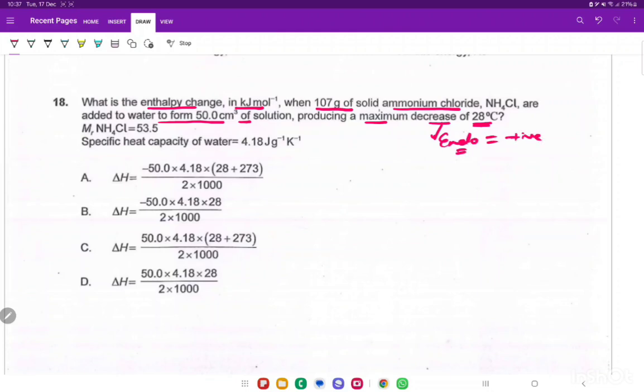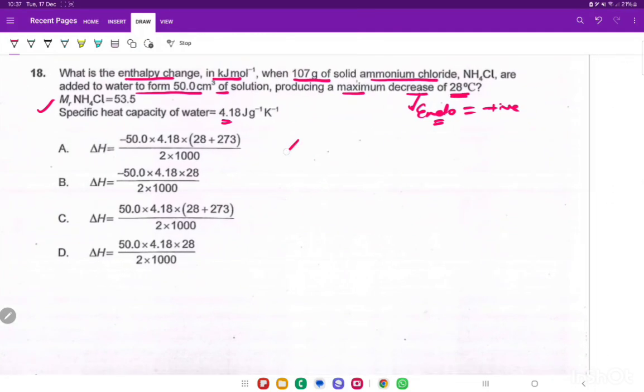Now Mr of NH4Cl is 53.5, specific heat is 4.18. We know the formula for delta H is Q upon moles, moles of the limiting reagent or moles of the solute. Now Q is mc delta T, and delta T, which is my change in temperature, is given as 28.